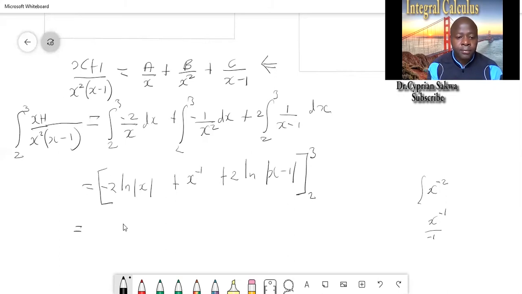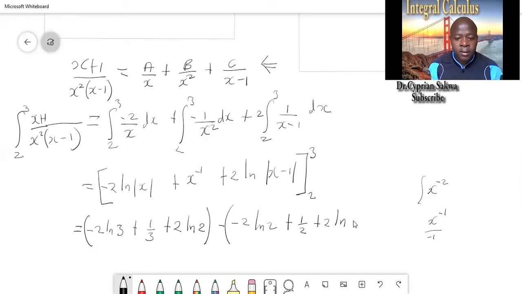When I put 3, I would have negative 2 ln of 3 plus 1 over 3, and then plus 2 ln of 3 minus 1, which is 2, then minus, now put in the lower limits, negative 2 ln of 2 plus 1 over 2, then plus 2 ln of 2 minus 1, which is just 1.